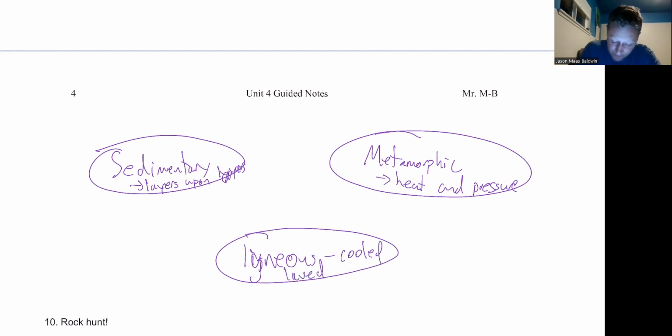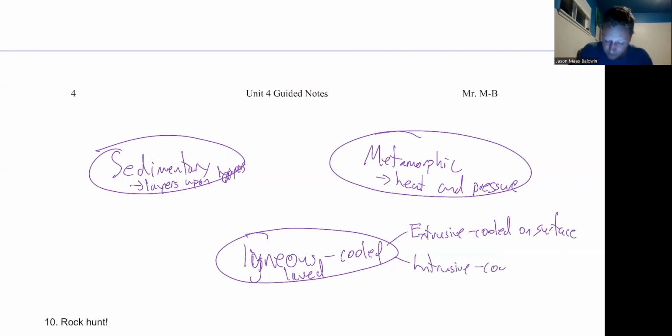And there's both what we call extrusive and intrusive igneous. And extrusive means cooled on the surface. And there's intrusive, which is cooled below the surface.